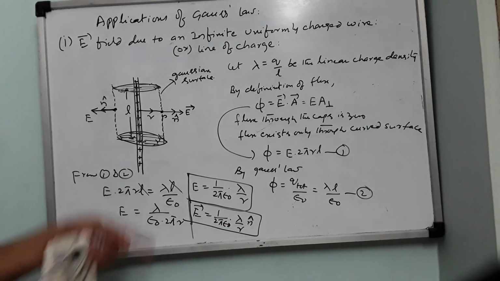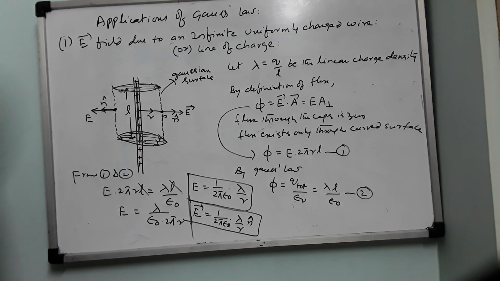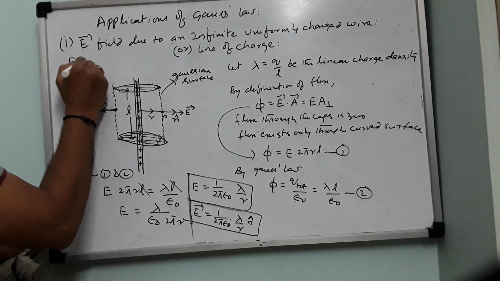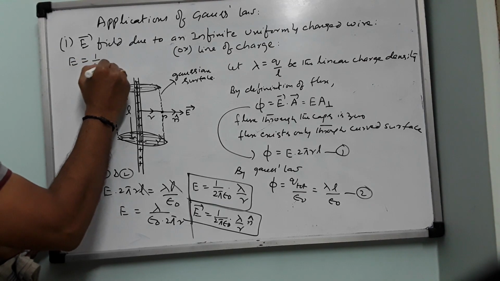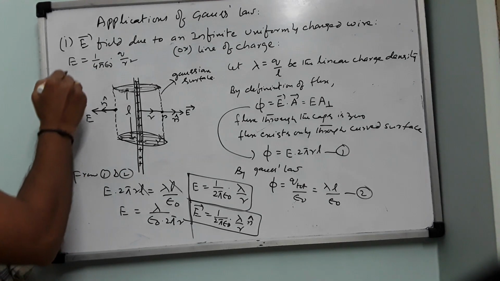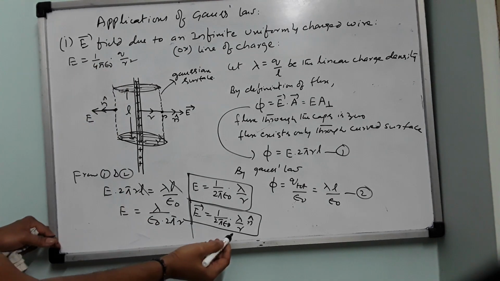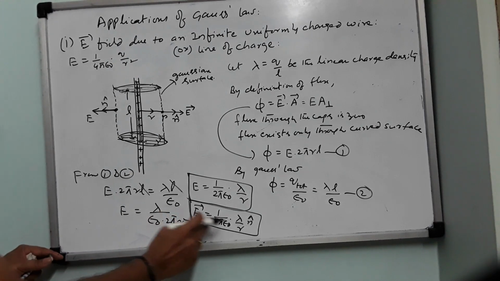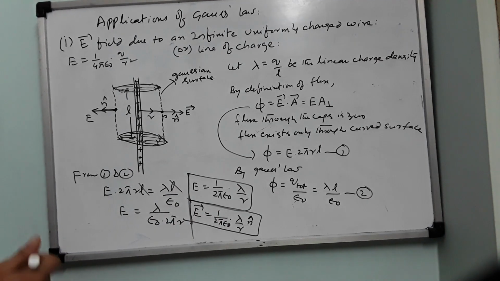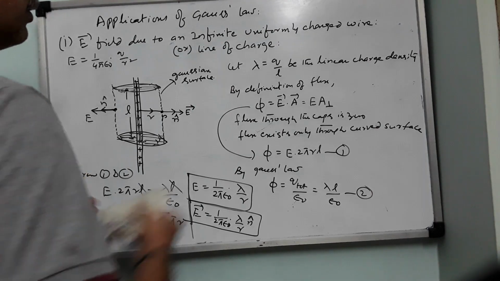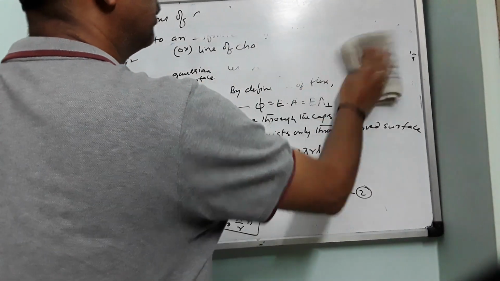Now you will see that due to a point charge, electric field varies as E equals 1 by 4 pi epsilon 0 into Q by R square, with the square of the distance. But you can see here electric field is varying not with the square but E proportional to only 1 by R. So if you plot a graph for this, it is like this.